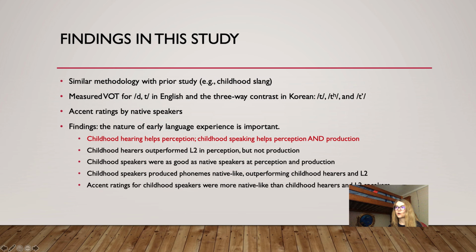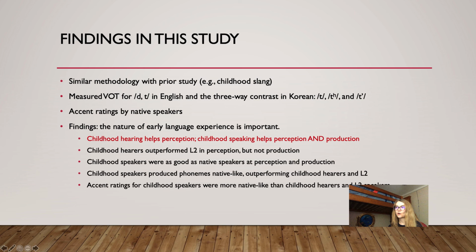And perception is important because you need to first perceive the sound correctly before you can produce it correctly. And then childhood speakers were as good as native speakers at perception and production. So speaking in childhood pays off in both dimensions. And childhood speakers produced phonemes like native speakers and did better than childhood hearers and second language learners.